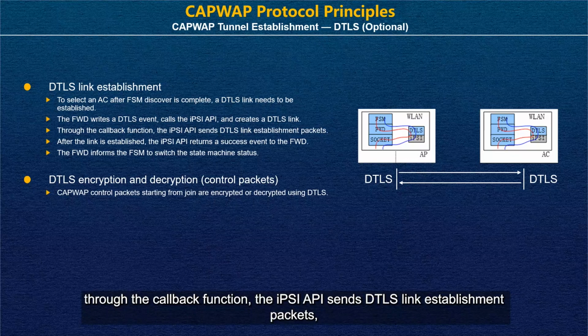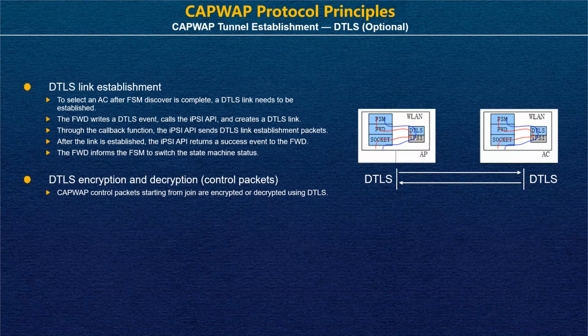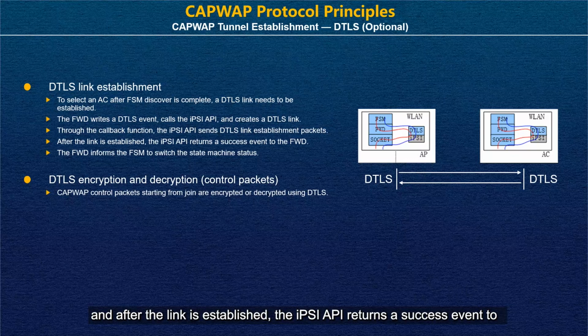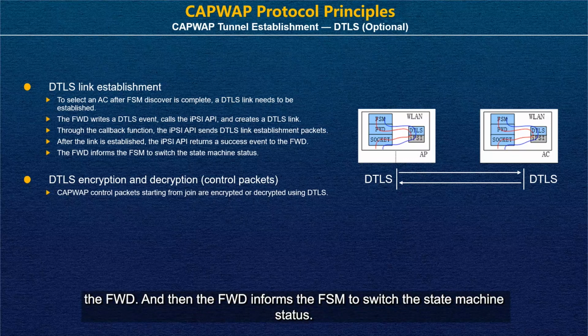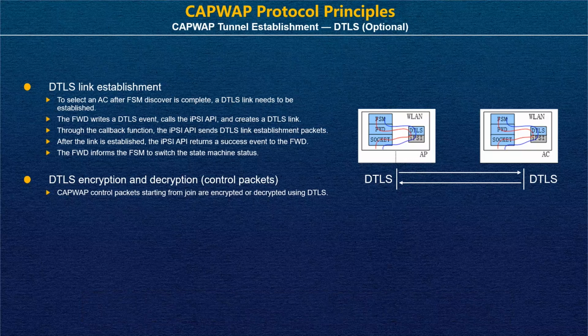Through the callback function, the IPSI API sends DTLS link establishment packets. After the link is established, the IPSI API returns a success event to the FWD. And then the FWD informs the FSM to switch the state machine status.